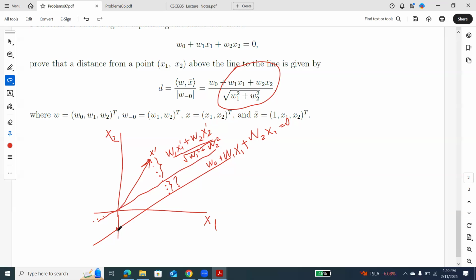So just substitute 0 instead of x1. So if x1 is 0, you will find x2, and it will be your intercept. So it will be W0 plus W2 x2 equals 0.